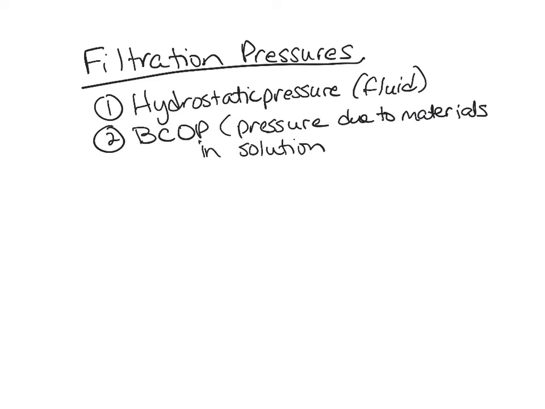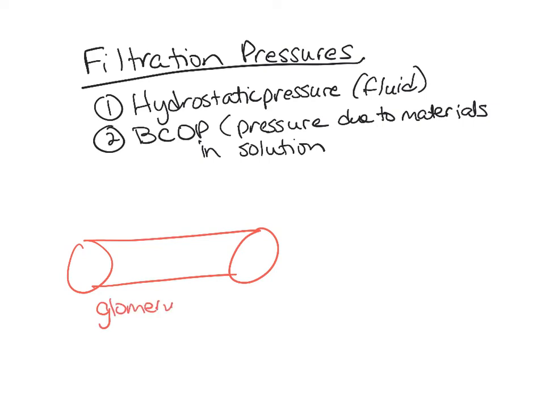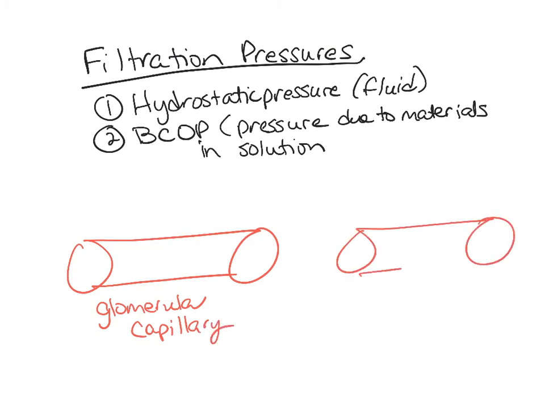So if we look at the two different types of capillaries we have, this could be our glomerular capillary, and then over here we can have our systemic capillary, which is the capillary that you find in most tissues of your body.